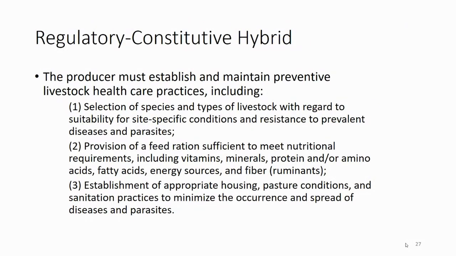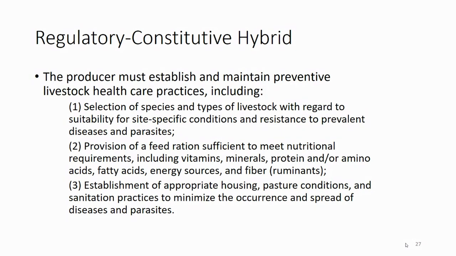So to motivate this further and perhaps to highlight this in greater detail, we can also look at it from the regulatory perspective, of course. So here's a regulatory statement, and it's taken from the organic farming certification scheme and prescribes certain obligations on the part of the producer. So producer must establish and maintain preventative livestock healthcare practices.